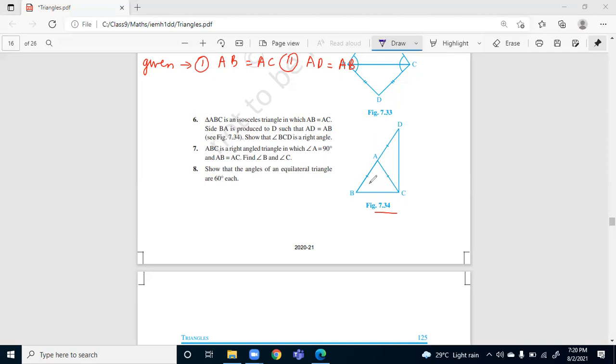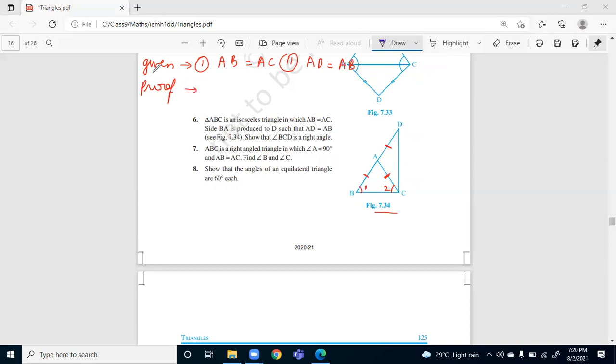I can just mark it on the diagram also. AB is equal to AC and AD is equal to AB. I can just number it 1 and 2. Okay, now I will write the proof.